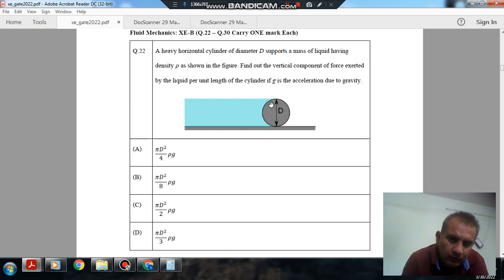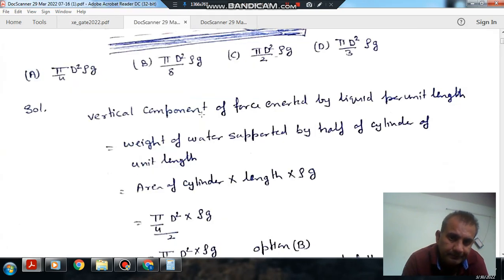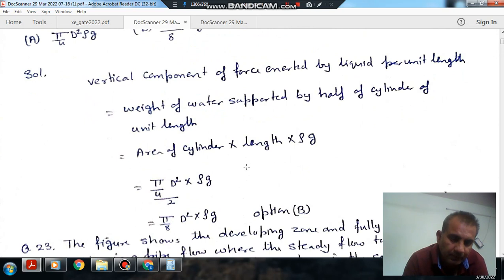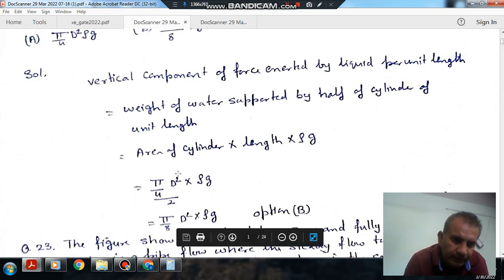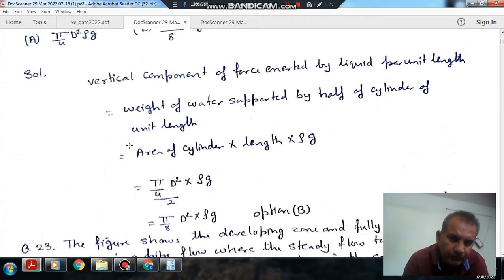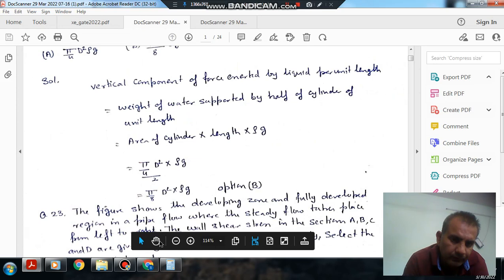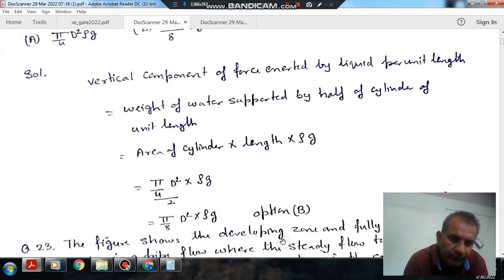So we'll take half of the cross-section area of the cylinder, multiplied by length. So volume of the half of the cylinder is pi by 4 d square by 2 into length, taking L as 1, and this is the volume of the half of the cylinder that is supporting the weight of the water.